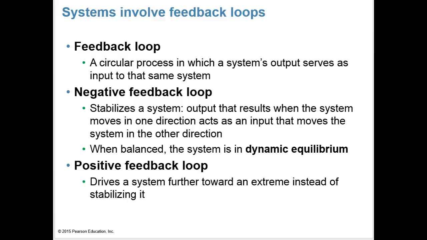Now in a positive feedback, this drives the system further toward an extreme instead of stabilizing it. In positive feedback, increased output leads to increased input, leading to further increased output. Exponential growth in a population is a good example of this.